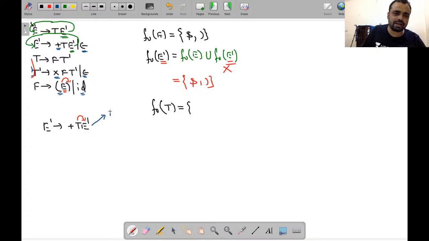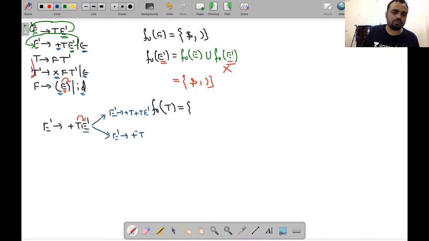So what you can write, once you reduce the e dash by this production rule, e dash to plus t e dash, it will become plus t e dash, yes or no? Fine. So again you can reduce the e dash by epsilon, so it will become e dash to plus t only.